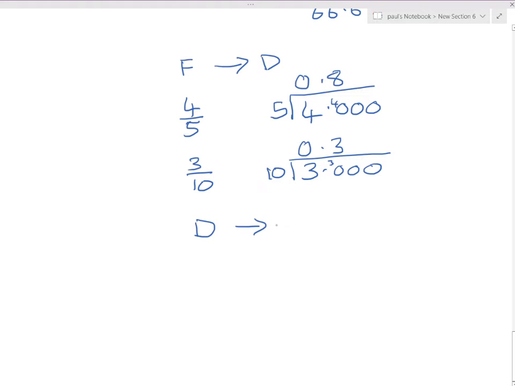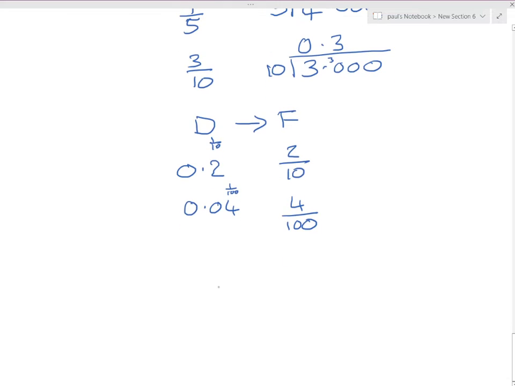Decimals to fractions. 0.2. Now the 2 is in the tenths column. So it'll be 2/10. 0.04. The 4 is in the hundredths column. So this will be 4/100ths. 0.23.